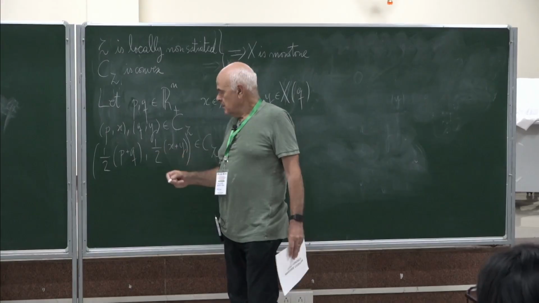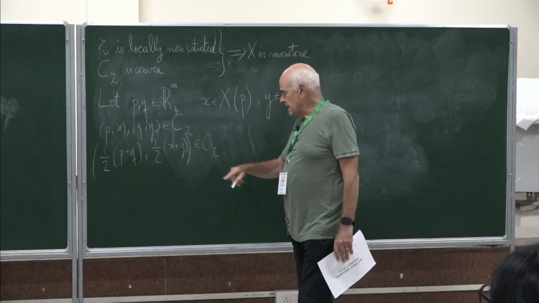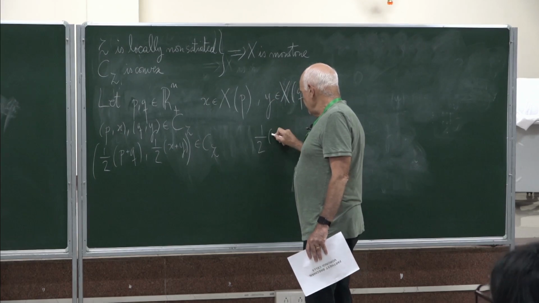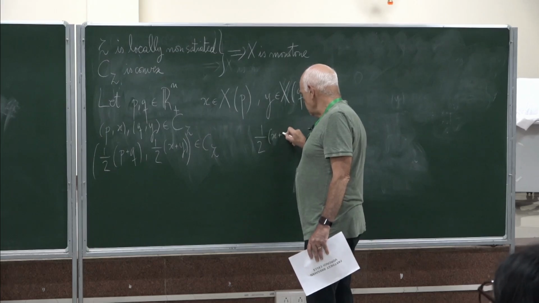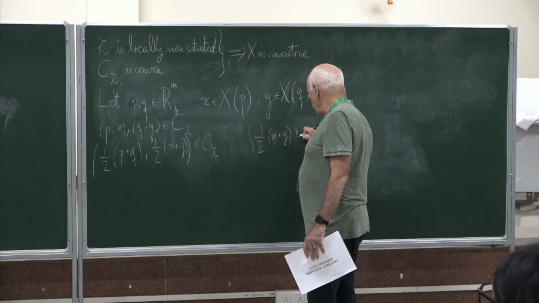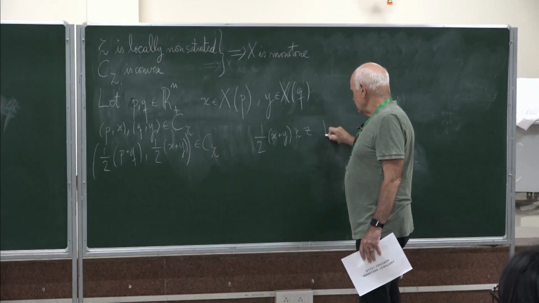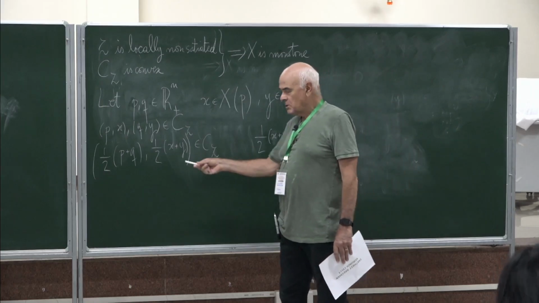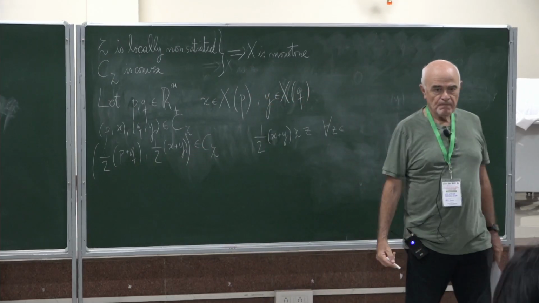I don't care. But the pair belongs to this set. And this simply means that 1/2 X plus Y is preferred to any set that satisfies the budget constraint corresponding to 1/2 P plus Q.